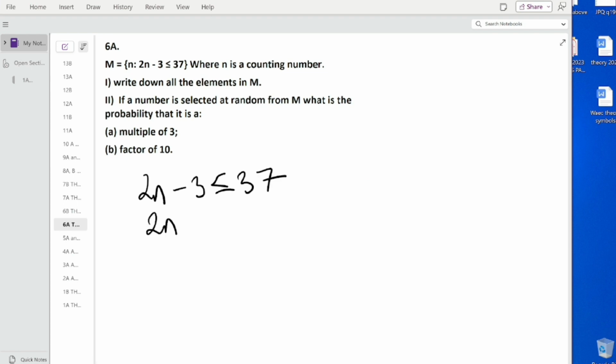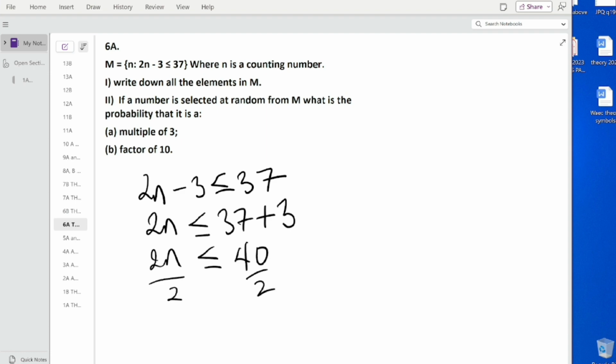We have 2n less than or equal to 37, and the minus 3 goes out and becomes plus 3. This is also a form of equal to sign. So when the minus 3 crosses the sign, it becomes plus 3. We have 2n is less than or equal to 40, that's 37 plus 3. Divide both sides by 2. n is less than or equal to 20.